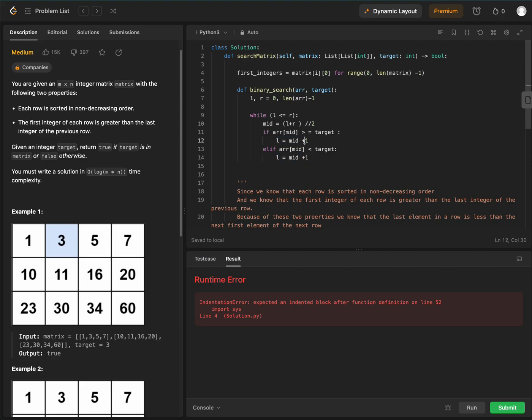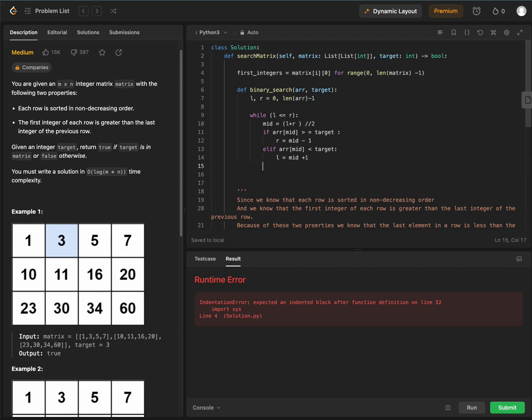And then this one we want to do this. Mid is greater than target means we want to search the left side of the array, and then we run this algorithm again. And then we return -1.